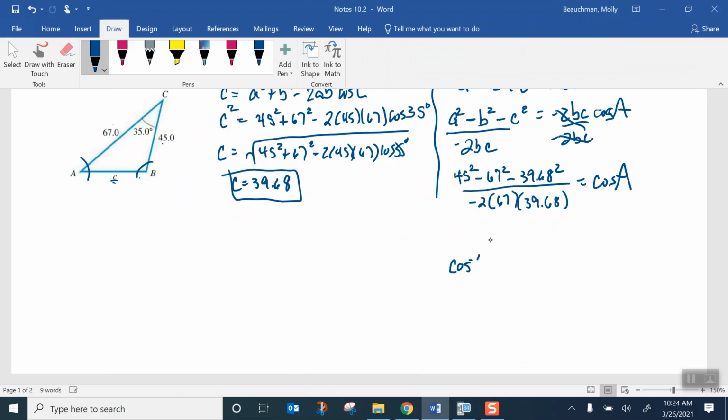The inverse cosine of this expression is going to actually give us our measure of angle A.